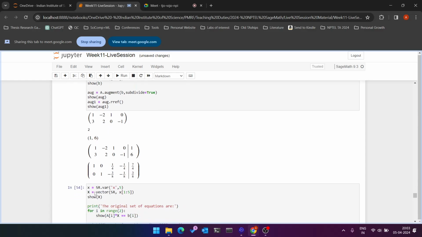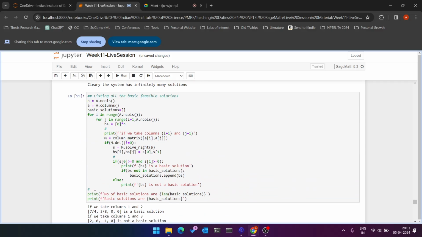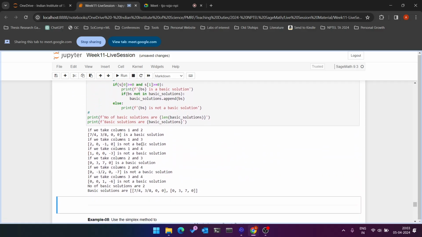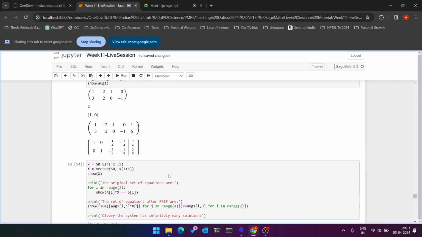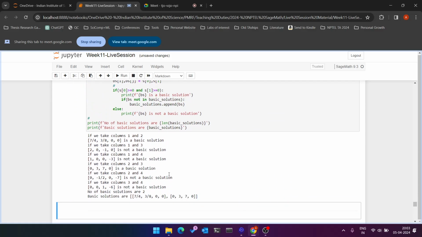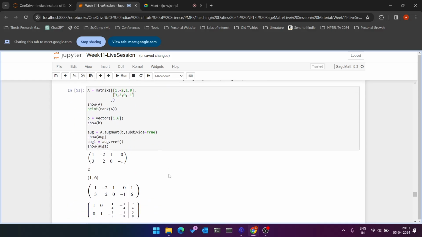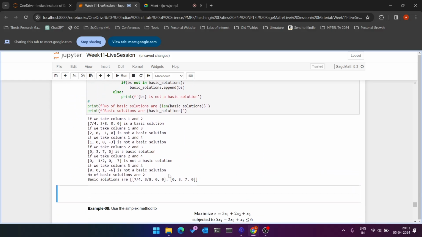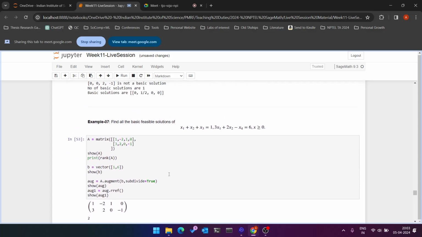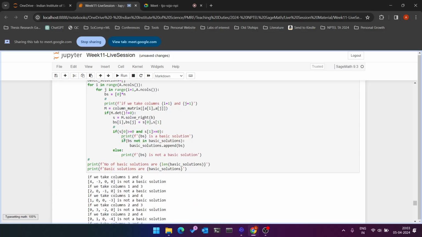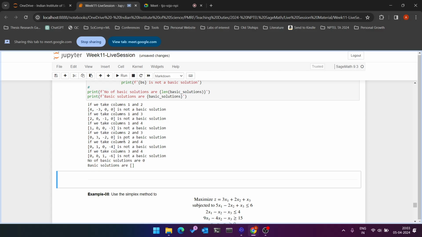Again, it's a rank 2 matrix, and once we solve this, in this case we do see a few basic solutions, specifically two basic solutions for columns 1, 2 and columns 2, 3 respectively. Same as the earlier problem, but I just wanted to show a case where you may not have any basic feasible solution at all.